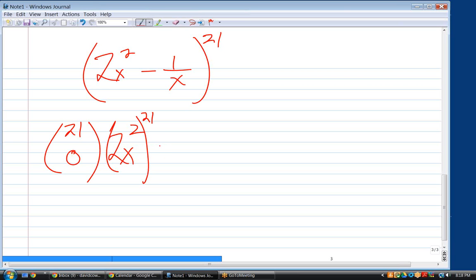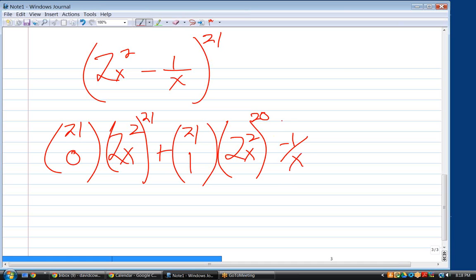Let's write the second term just so we know what everything's going to look like. It'll include both variables. So 21 choose 1 times 2x squared to the 20th times negative 1 over x to the first. That is the second term.